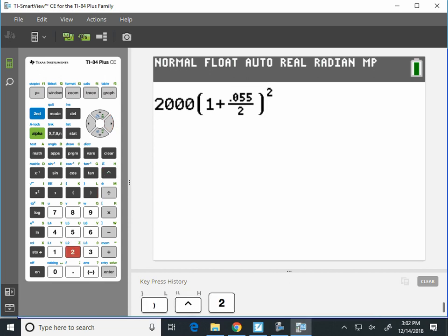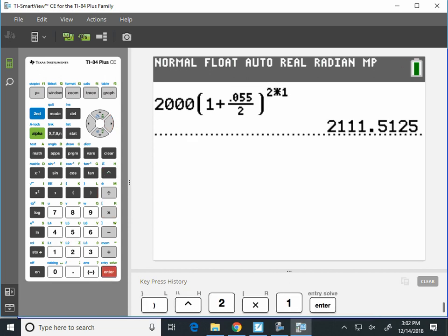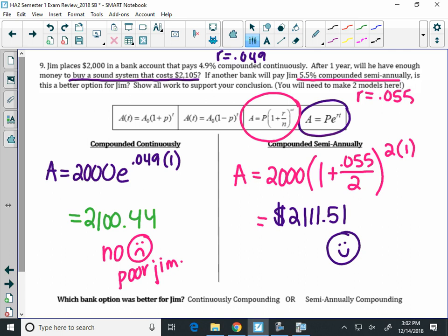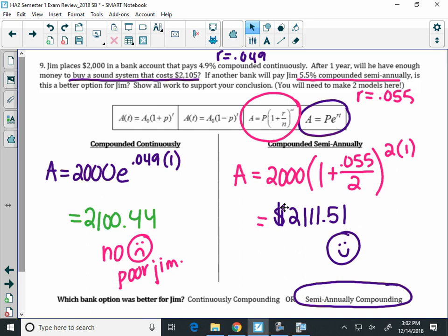That exponent is 2 times 1. Looks like this bank is going to be good. Jim should go with his second option because he will get $2,111.51 at the end of the year. That's a good thing. Happy Jim right there. So he should choose the bank that semi-annually compounds his money.